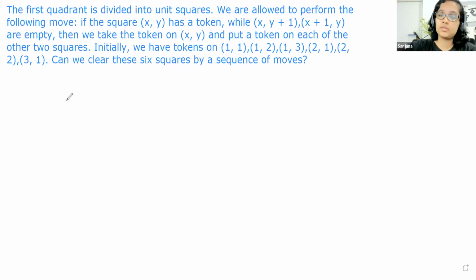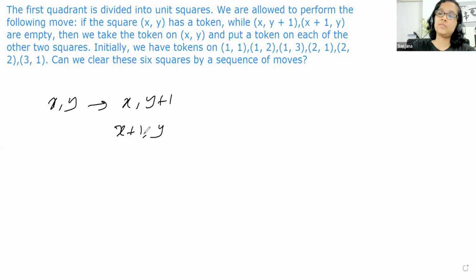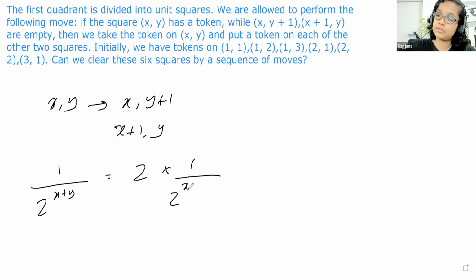So basically you have that x comma y goes to this and this. Negative weights is a natural thing to think of here. Because 1 by 2 to the power x plus y is equal to 2 times 1 by 2 to the power x plus y plus 1.